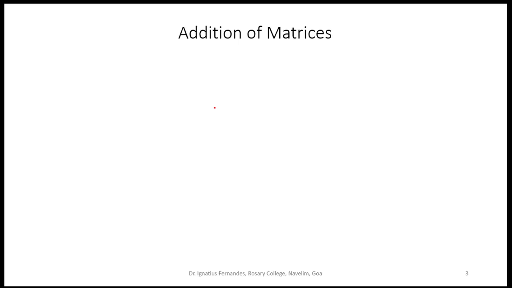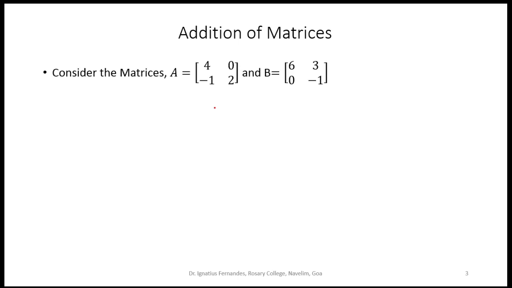Now addition of matrices. Okay, so suppose I have two matrices, A 4 0 minus 1 2 and B 6 3 0 minus 1. Now the first condition for matrices to be added is that the order should be same. Now this is a 2 by 2 matrix, this is a 2 by 2 matrix.